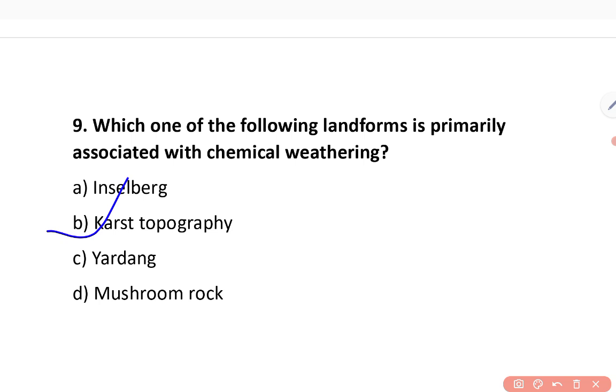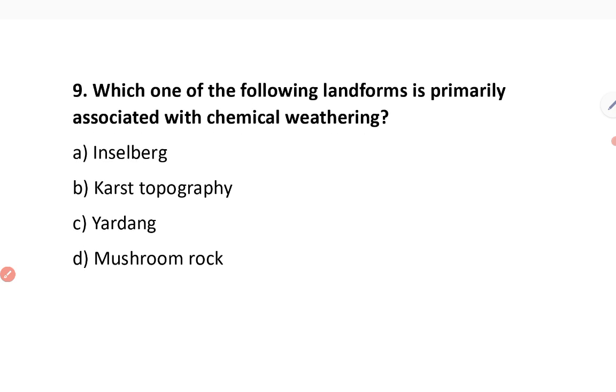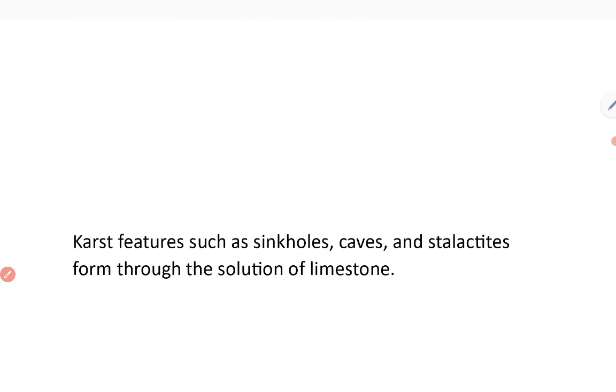Limestone rocks decompose due to the carbonation process, and many landforms form. So karst topography is associated with chemical weathering through the carbonation process. So the ninth answer would be B, karst topography.